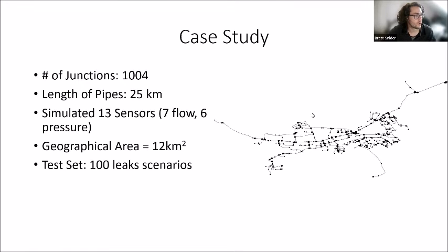The overall geographical area is 12 square kilometers. And for the test set, an independent test set, we ran 100 leak scenarios throughout the network. Those leak scenarios were random, occurring at random times and random spots throughout the network.